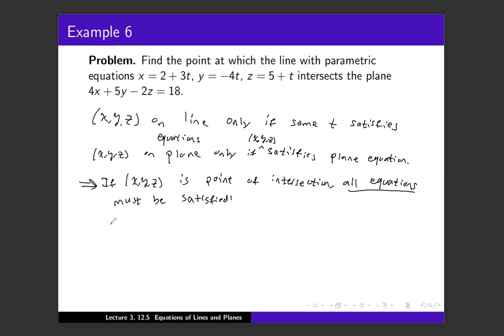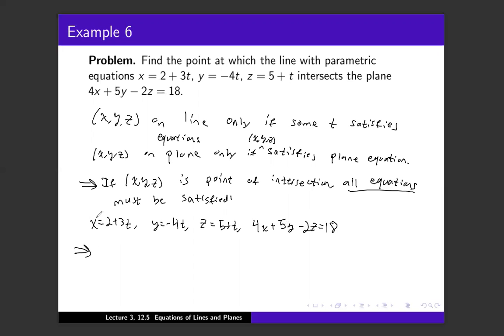So let's think about that for a second. We've got x is 2 plus 3t, y is negative 4t, z is 5 plus t, and 4x plus 5y minus 2z is equal to 18.